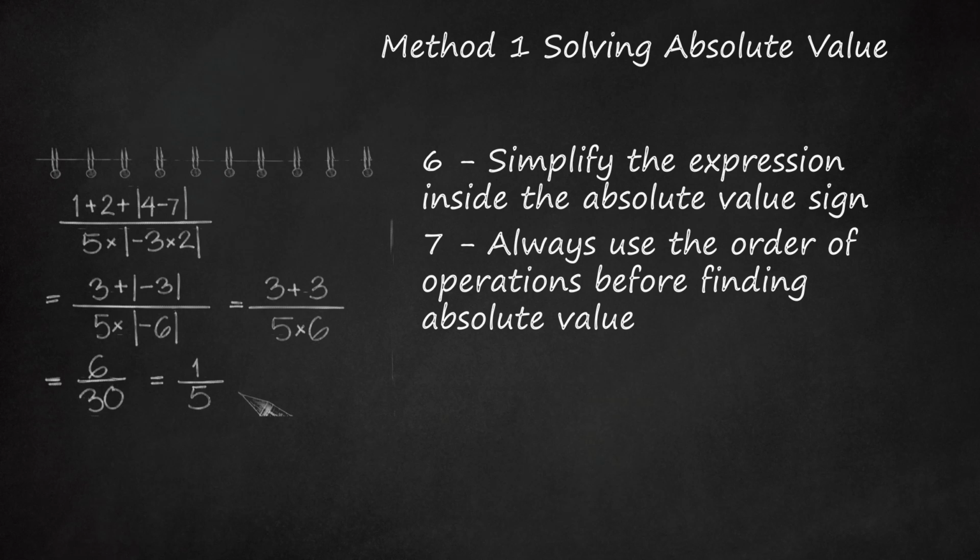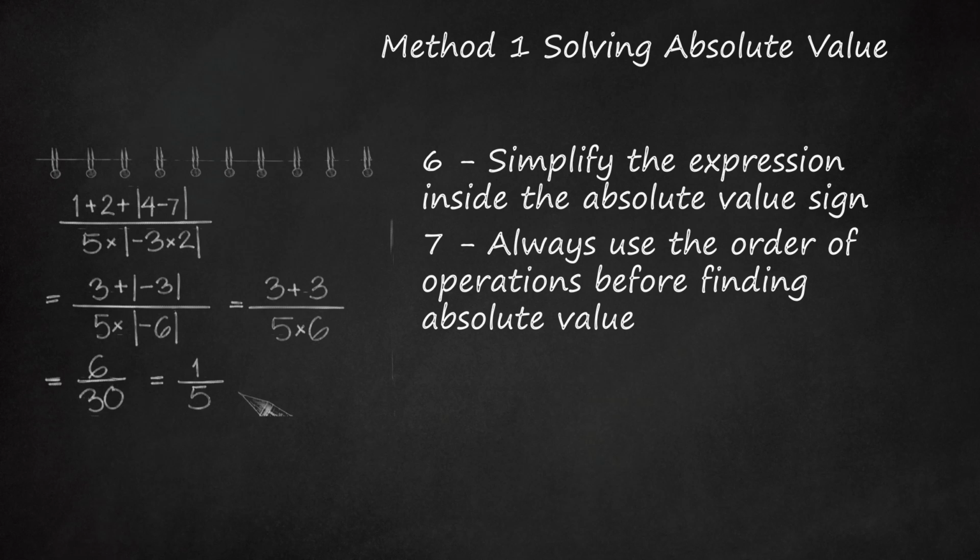For example, problem, (1 + 2 + 4 - 7)(5 - 3 2) as a fraction over |1 + 2 + 4|. Perform the order of operations inside and outside the absolute value, 3 plus |-3 - 5 - 6|.